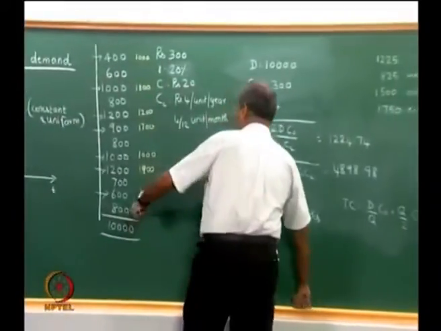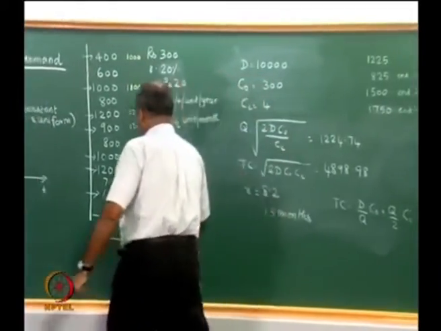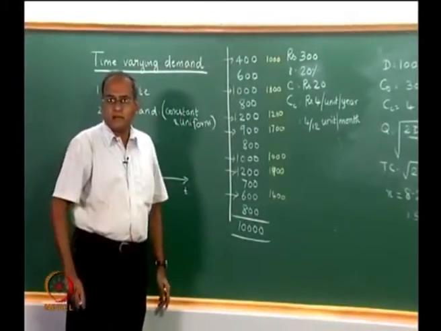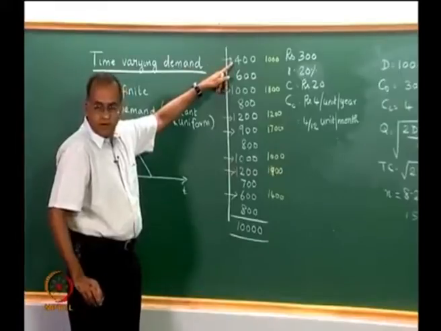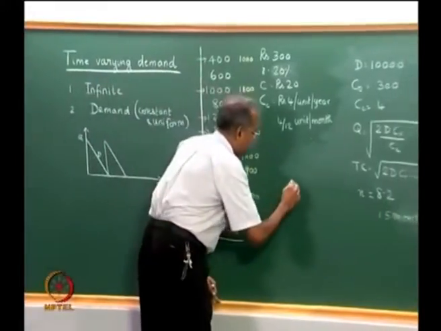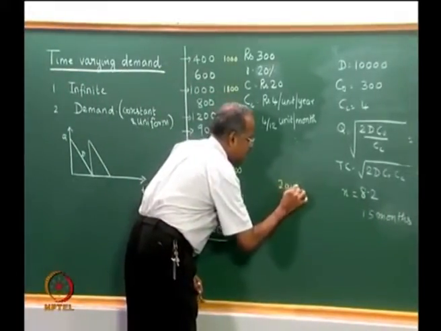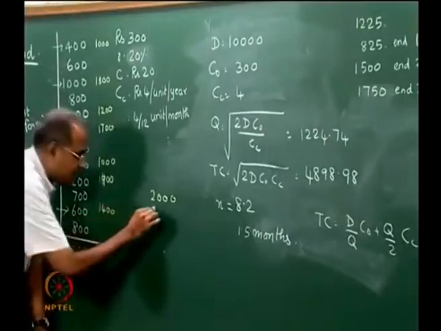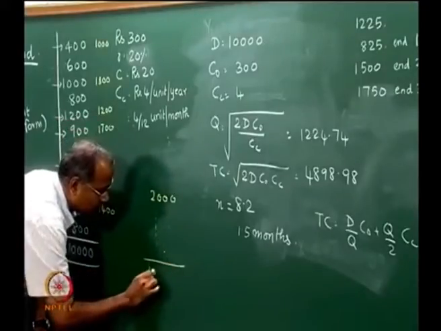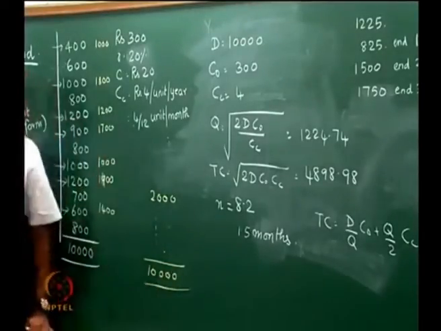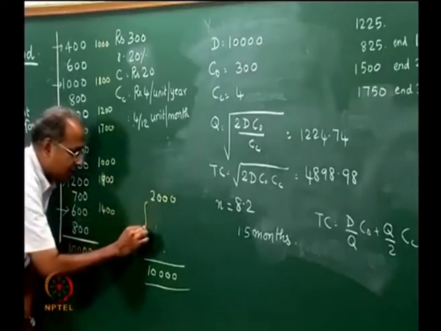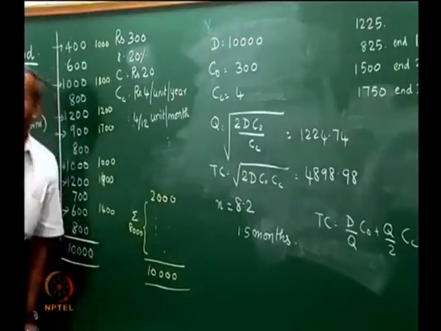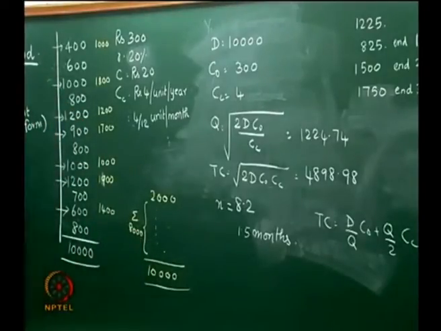Suppose the total demand is 10,000, but the first period's demand is not 400, but for the sake of argument, 2000. The rest of the demands are such that the total annual demand is 10,000, which means the demand for the remaining 11 periods summed is actually 8,000.